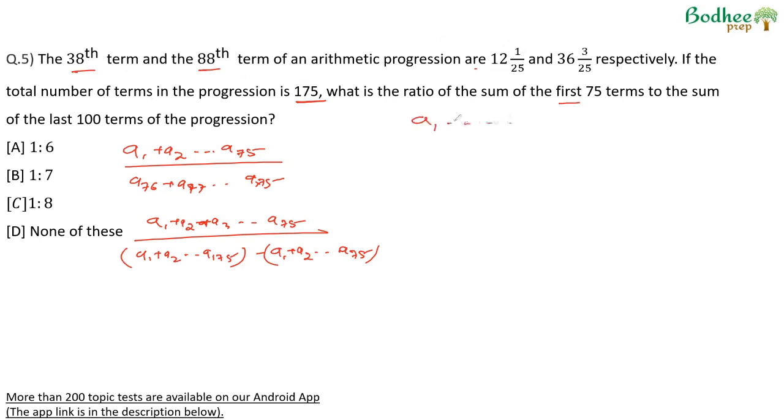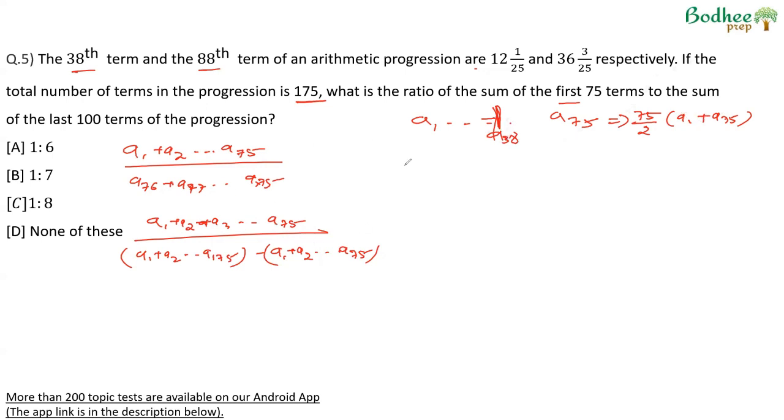If we look at the first 75 terms, A1 to A75, the term in the middle will be (1 plus 75) by 2, which is the 38th term. And therefore, we can say that the sum of this series is nothing but 75 by 2 into (A1 plus A75), n by 2 into first and last term. First plus last term over 2 is nothing but A38.